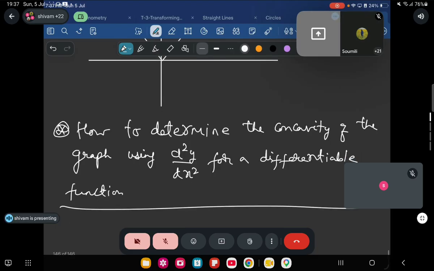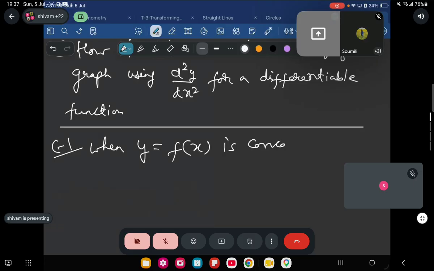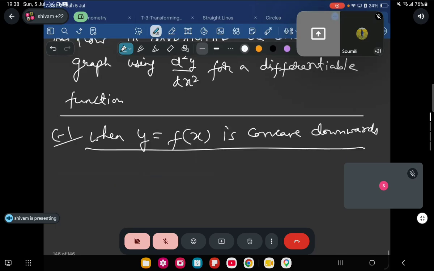Okay, let us start. Case 1, when y is equal to f of x is concave downwards.